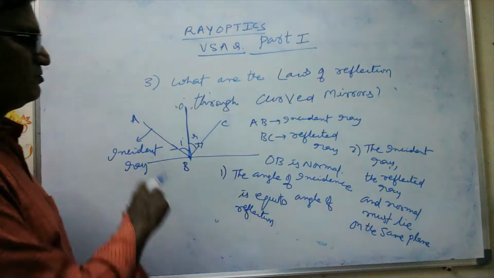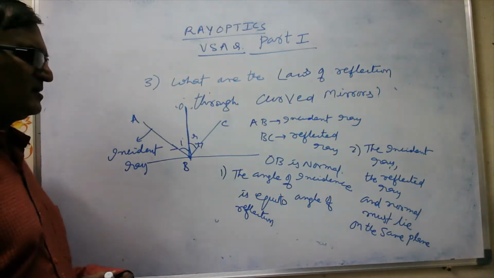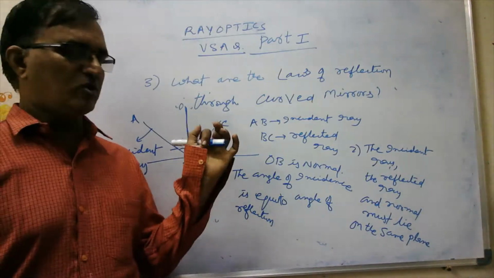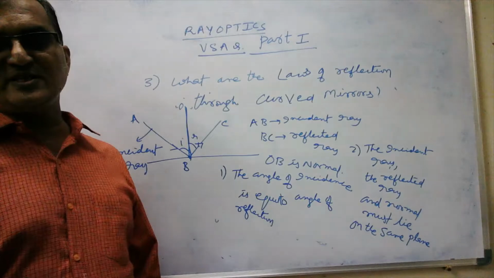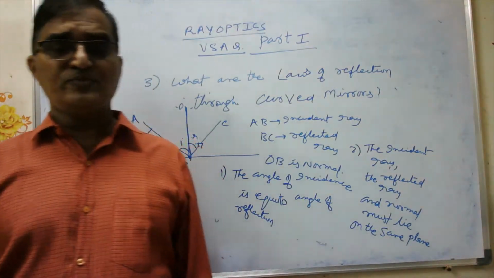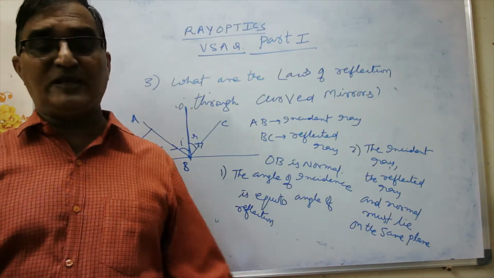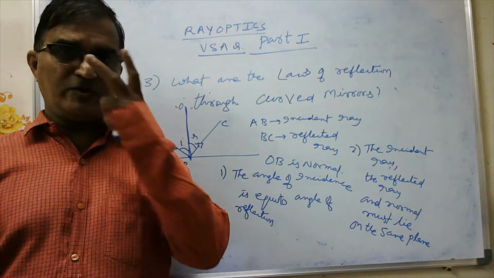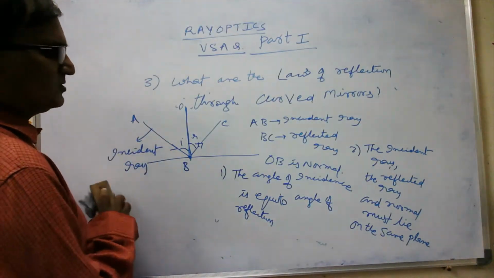With the diagram I explain. Even without a diagram they write, but if I draw a diagram it will be more clear for you. Whether you measure the angle of incidence or angle of reflection, it is always measured with respect to the normal only. Followed? This is the third question.